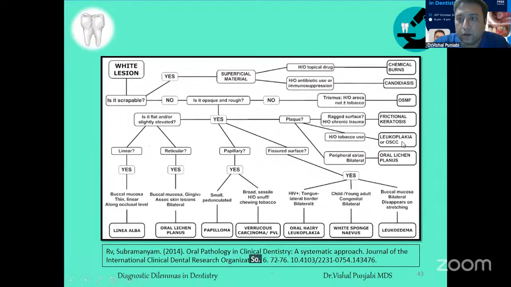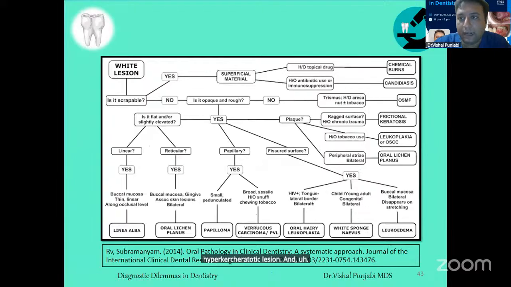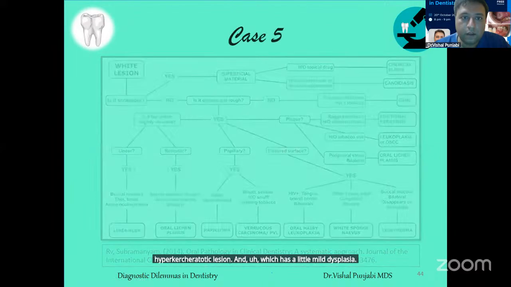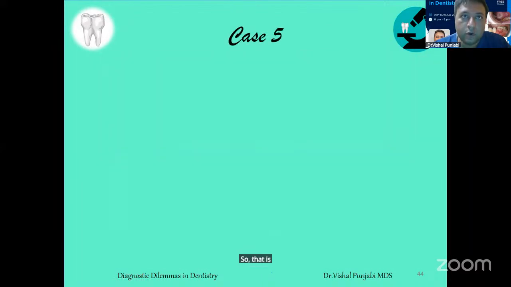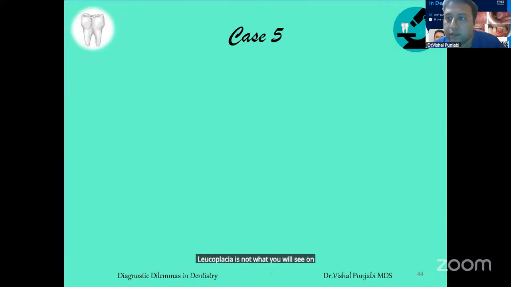In this particular case, yes, we did advise a biopsy, and we reached a situation where the lesion is consistent with a hyperkeratotic lesion with a little mild dysplasia. So that is leukoplakia, not on histopathological diagnosis. Very, very important to remember that leukoplakia is not what you will see on the histopathology report. It is a clinical diagnosis.